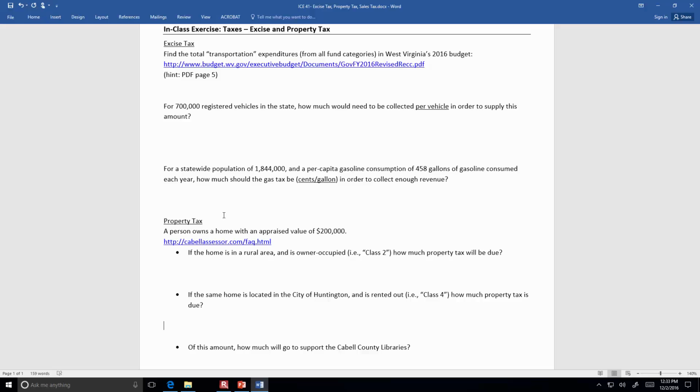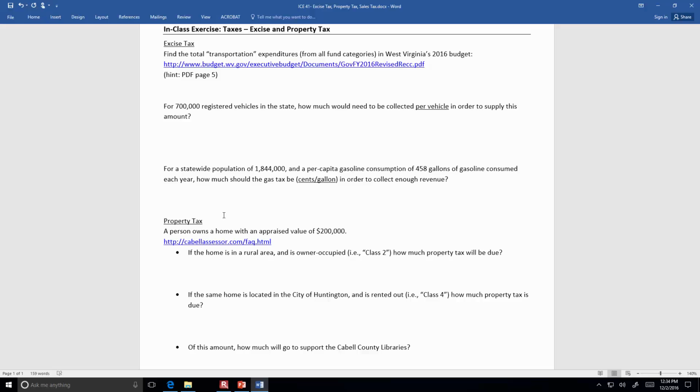In the first part, for the excise tax, I've given you a link where I'd like you to look up online using your computer or phone how much the state of West Virginia spent on transportation during the last fiscal year. That's available on a budget website for the state of West Virginia.